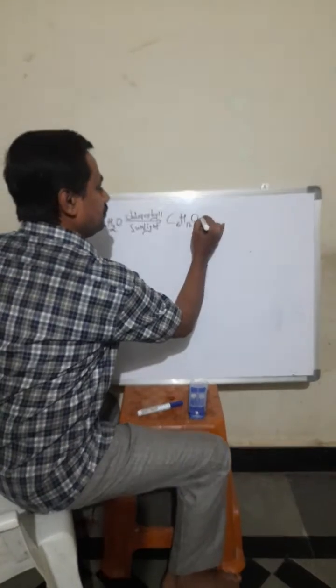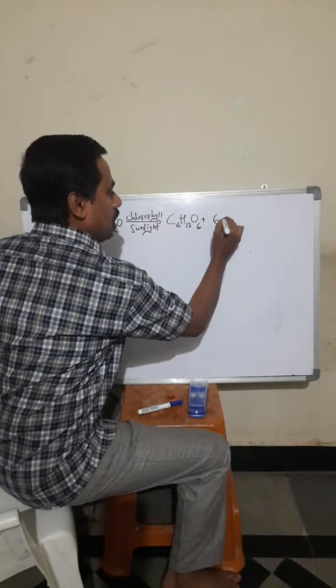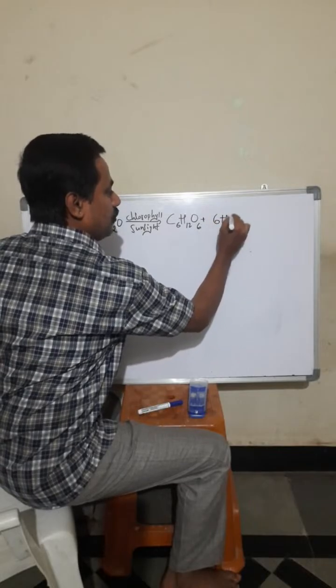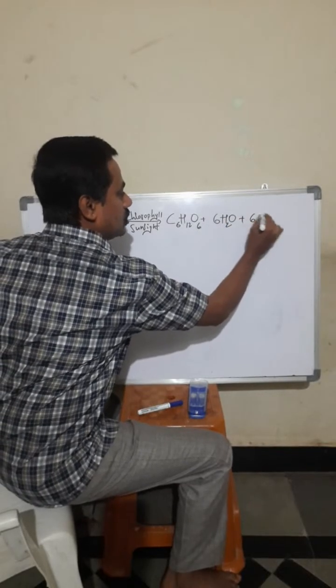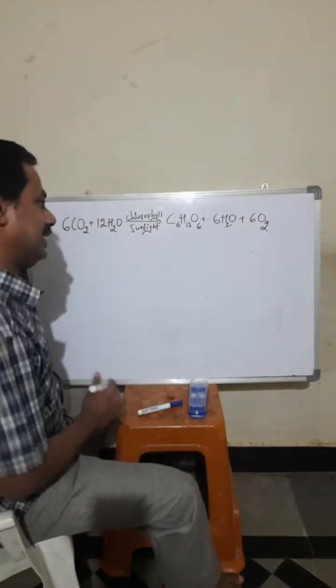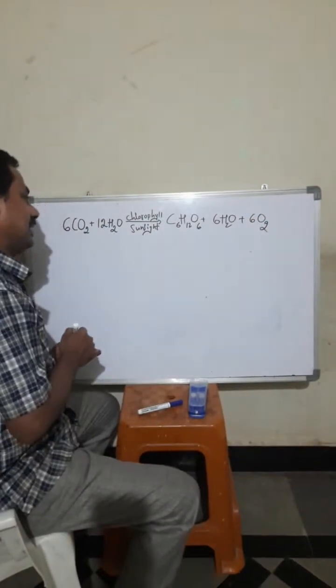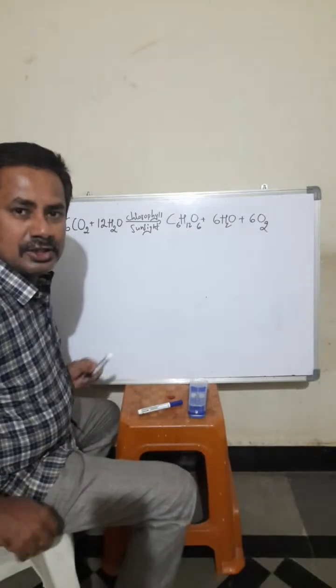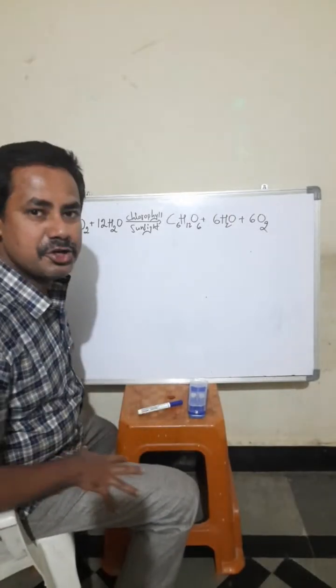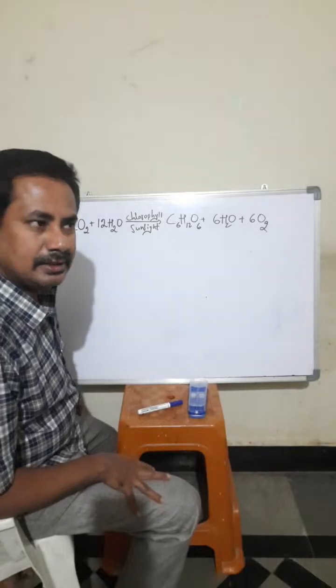C6H12O6, and a small amount of water is formed and oxygen is liberated. Oxygen gas is liberated. So this is the balanced equation for photosynthesis.